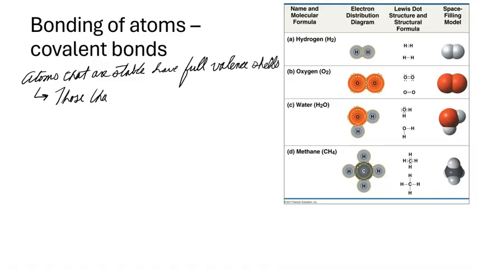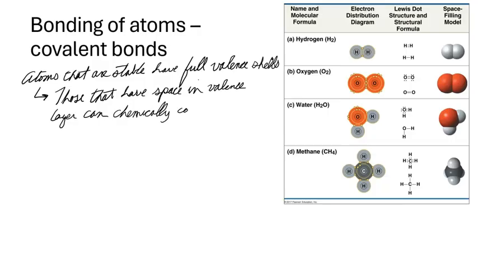Those that have space in their valence layer can chemically combine with other atoms.